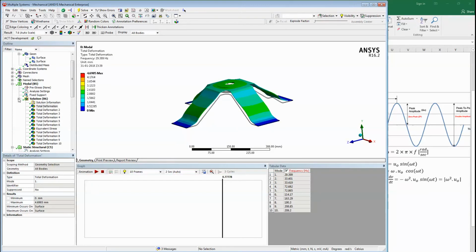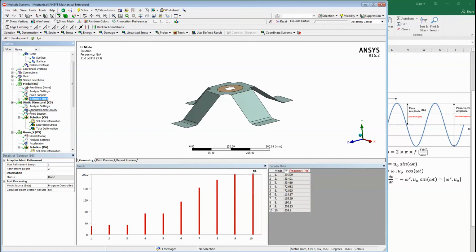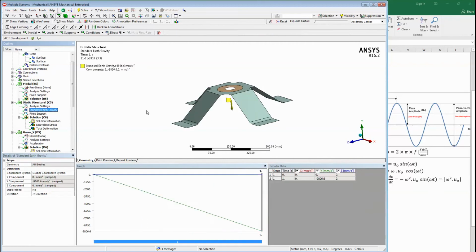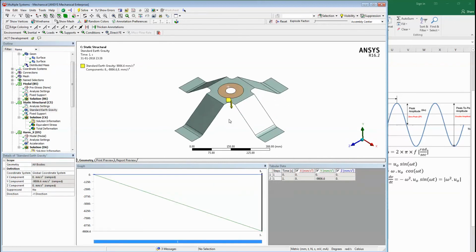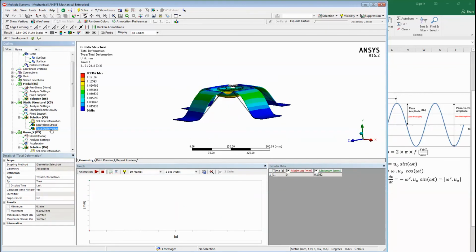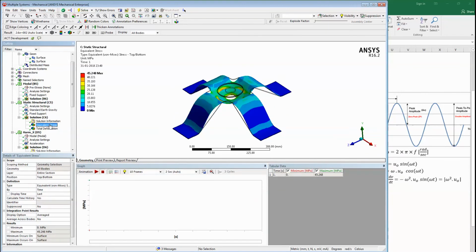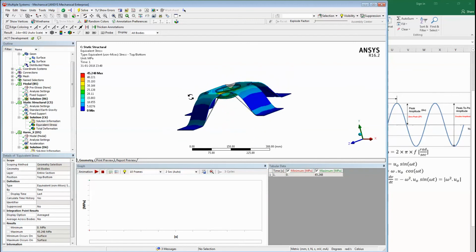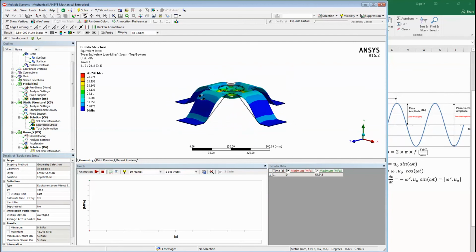Then also do a static analysis with unit gravity load to understand how much stress and deformation is happening due to the self weight. This is just for having a gut feeling. When there is no dynamic excitation, due to the static self weight itself, 45 MPa stress develops.